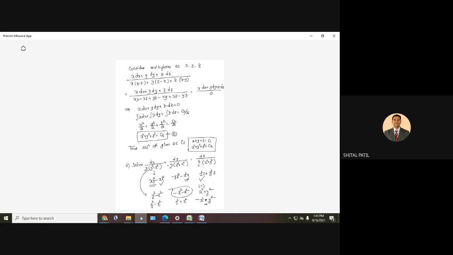Now y square minus y square cancels, plus x square minus x square cancels. Getting everyone? So we have to cancel this x, y, z as well as we want a minus sign here, minus sign here. So multipliers are 1 upon x, minus 1 upon y and minus 1 upon z.